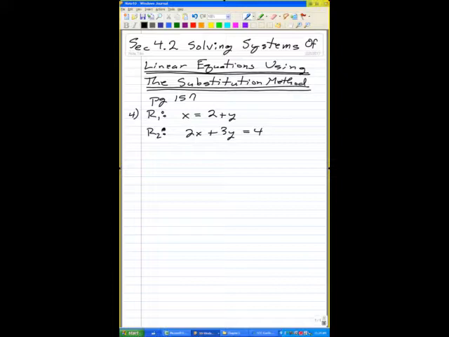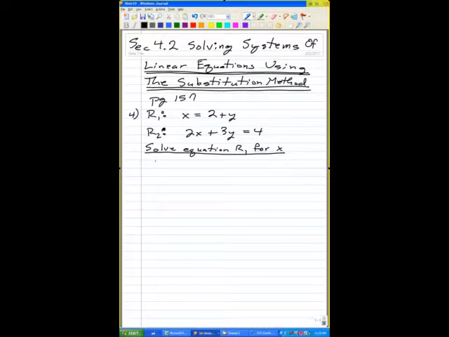I will look for the equation that's easiest to solve for one of the variables. Well, obviously, if I look at equation 1, it's easiest to solve equation R1 for the variable x because it's already been done.